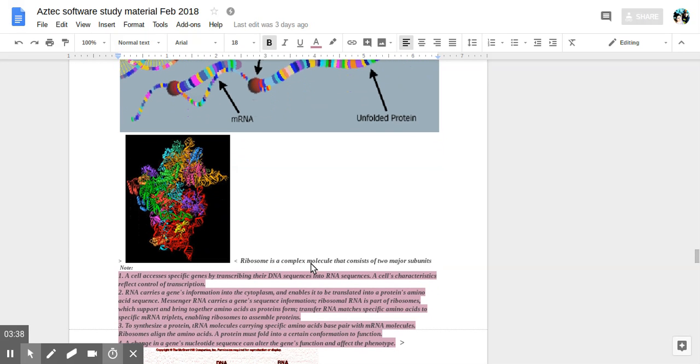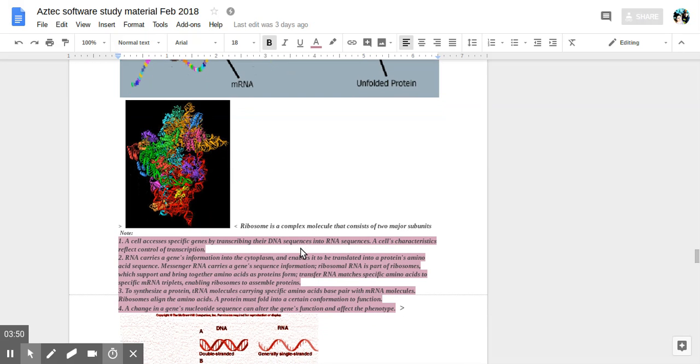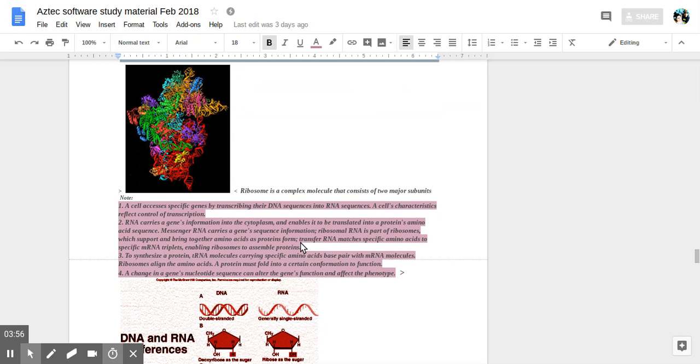To synthesize a protein, tRNA molecules carrying specific amino acids base pair with mRNA molecules. So ribosomes align the amino acids. A protein must fold into a certain conformation to function as well.